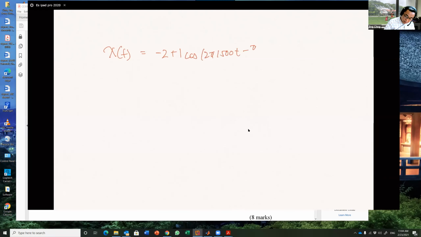The idea of this equation is that you have to be observing t. There's no other variable here, so the only thing that is going to change is t. When we sample, how often do we sample? We sample every big T, the sampling period.